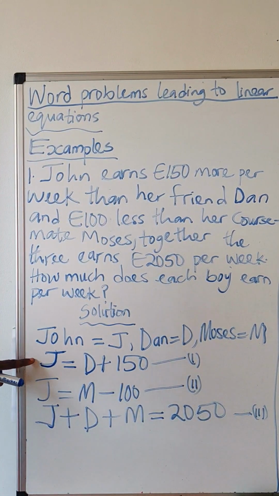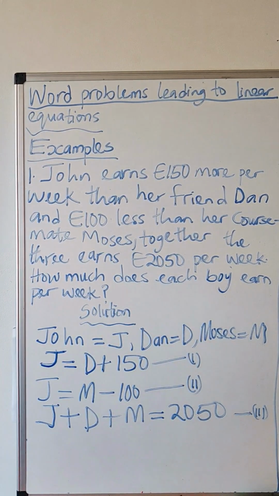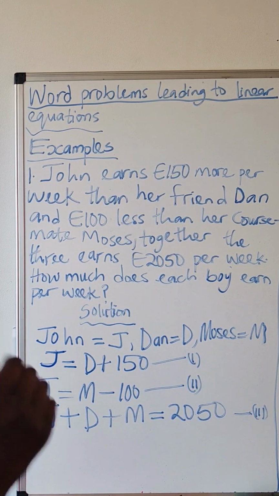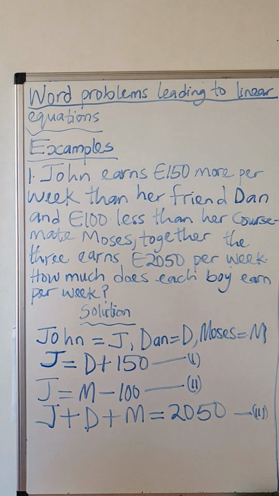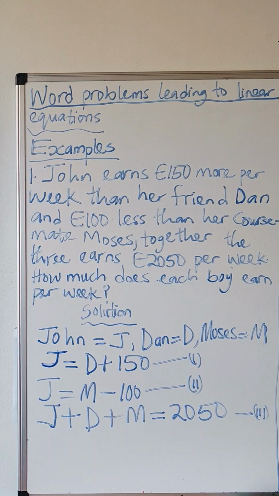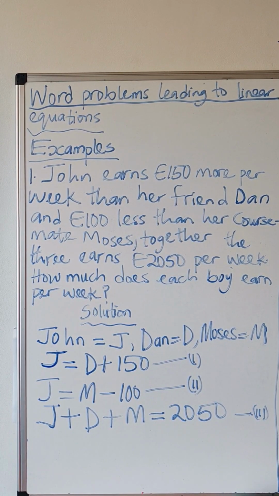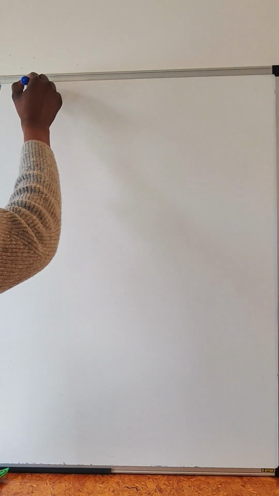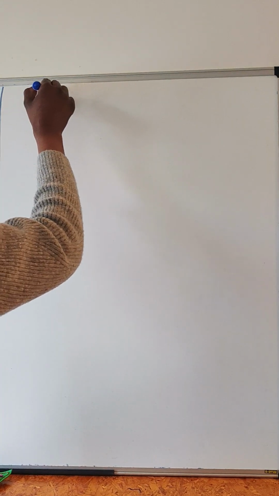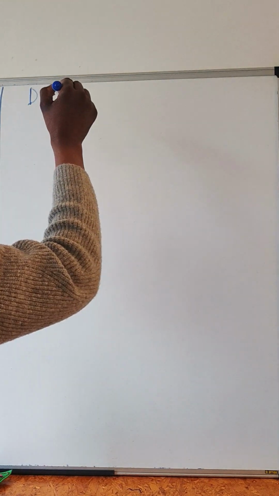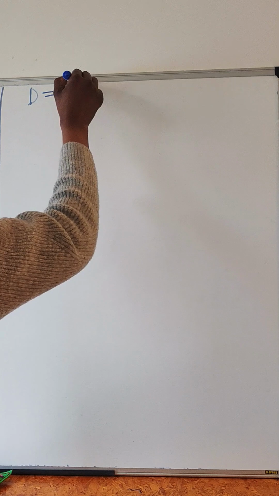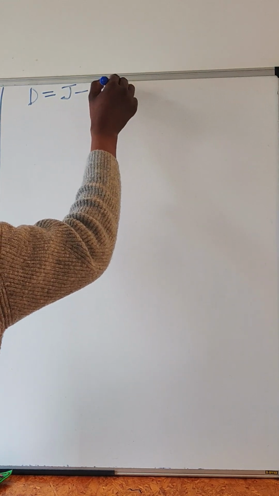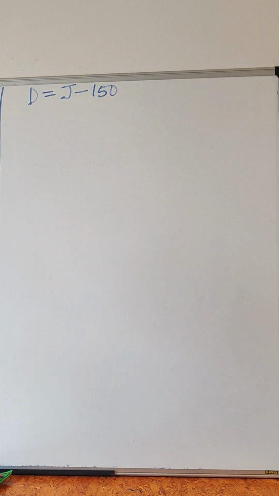In equation 1, we want to make D the subject of the formula. Making D the subject of the formula in equation 1, capital D is giving us J minus 150 pounds.